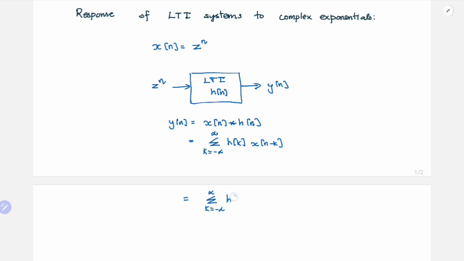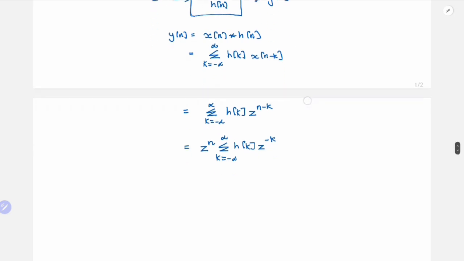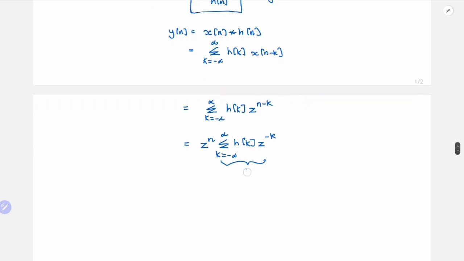Then I substitute x of n minus k, which is nothing but z power n minus k. The summation only involves k terms, so I can take z power n outside. So I will have z power n summation k equal to minus infinity to infinity h of k z power minus k. I can represent this as some h of z, since it is depending only on z, and k will go off in the summation.